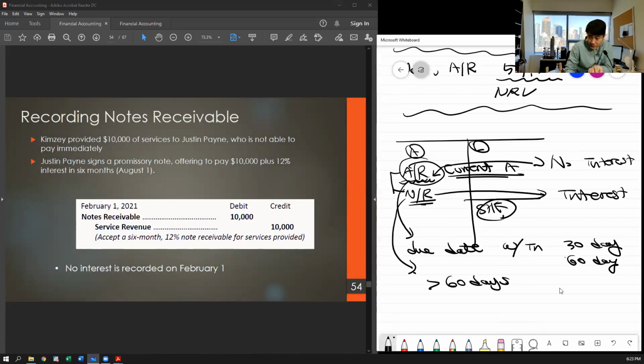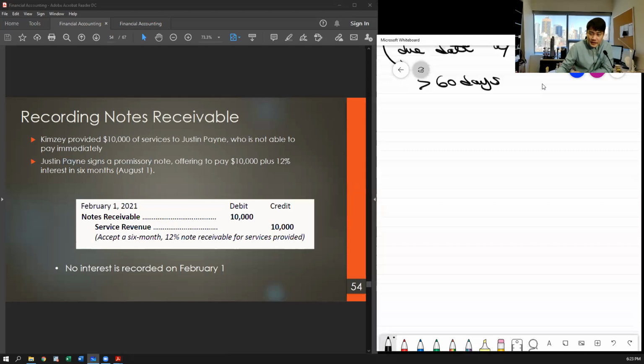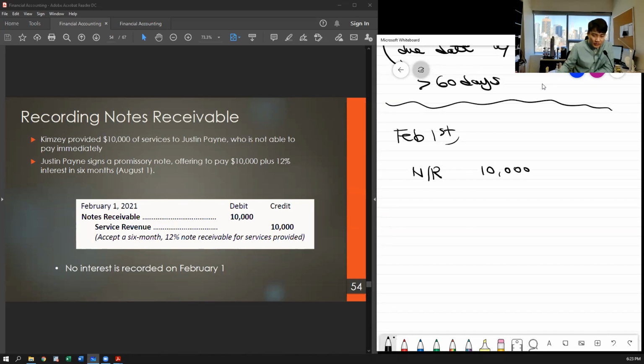So let me go down a little bit. At the point of the transaction, or at the point of the services, which falls on February 1st, the service provider will record notes receivable of the original $10,000. And for the credit side, you will record revenue with the same amount, $10,000.